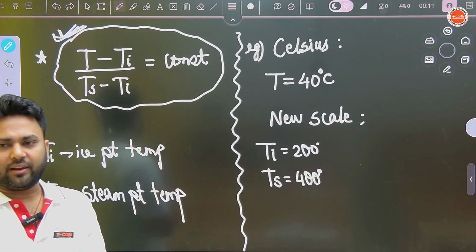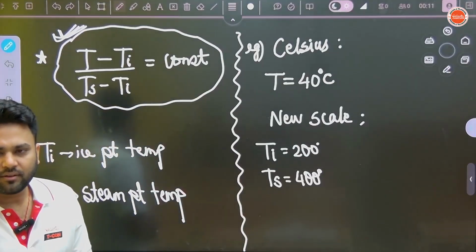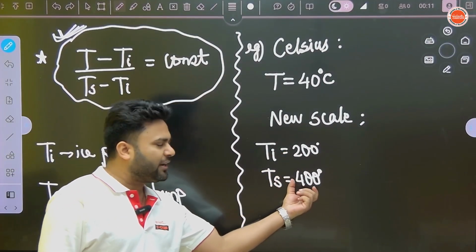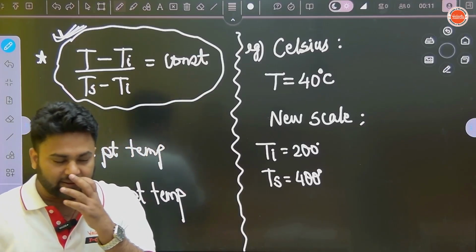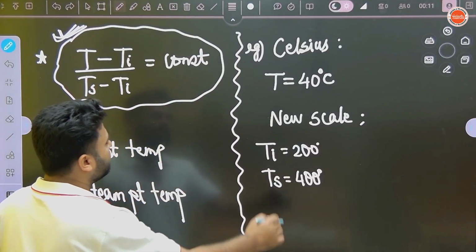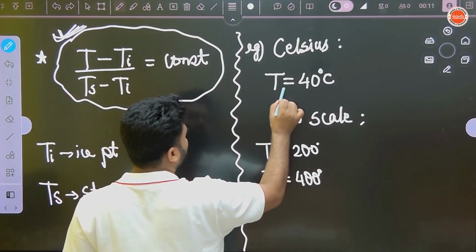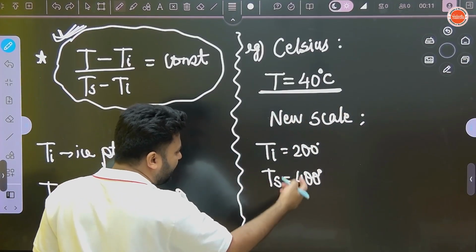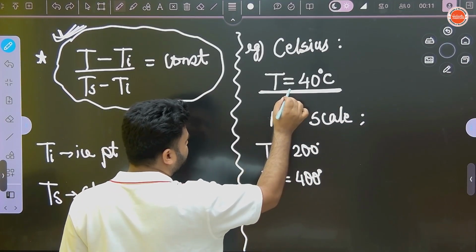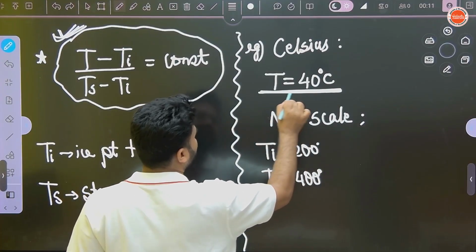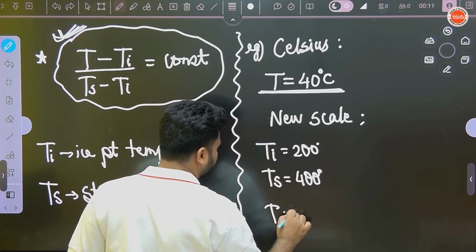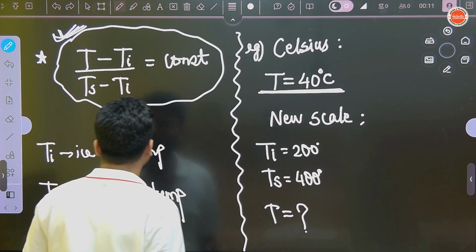Means in that new scale, ice is formed at 200 degree and steam is formed at 400 degree. They are asking, when the temperature in the Celsius scale is 40 degree, what is the temperature in this scale? We will use this formula.